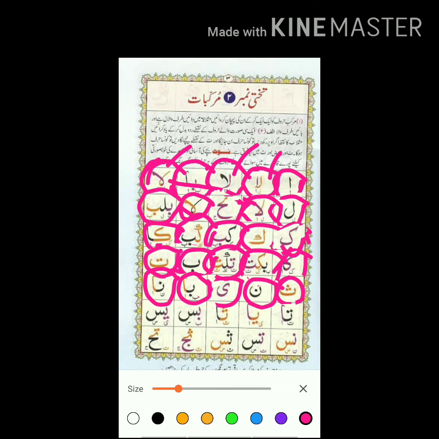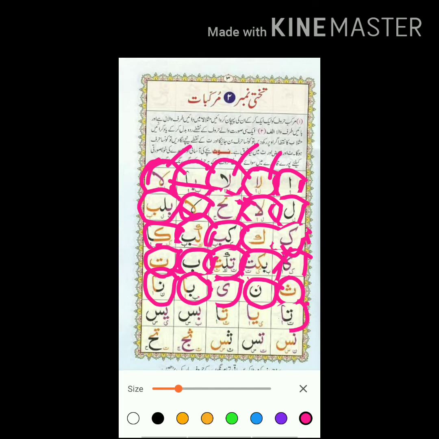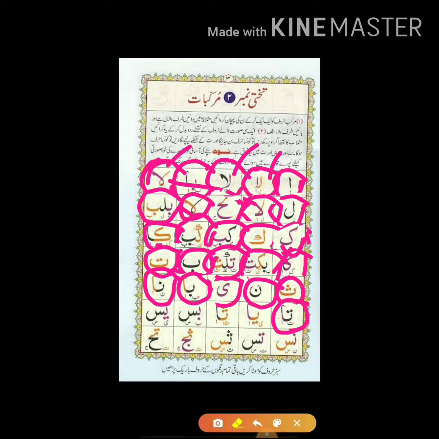Here we have again two dots above a boat-like shape, and when we have two dots above a boat-like shape, it sounds like ta. So here we have two letters, ta, alif.